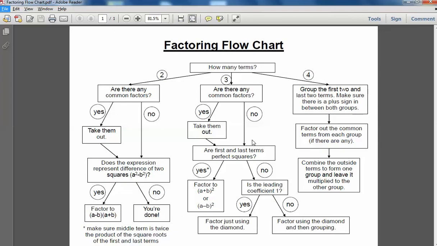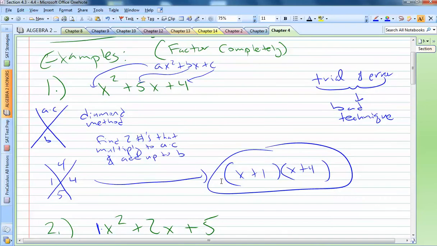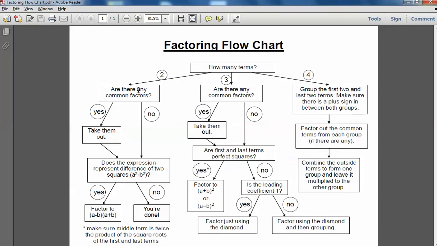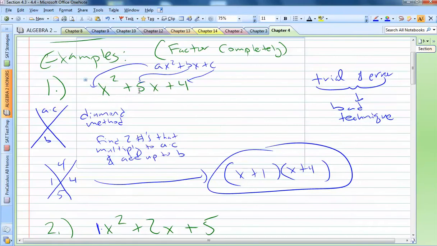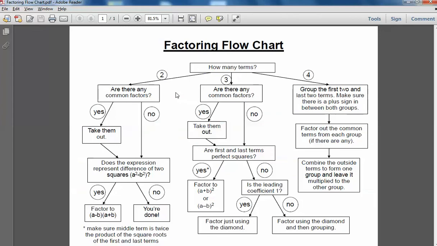The first and last terms were perfect squares, but the middle term was not twice the product of the square roots of the first and last terms. So in that case, I just factor using a diamond.